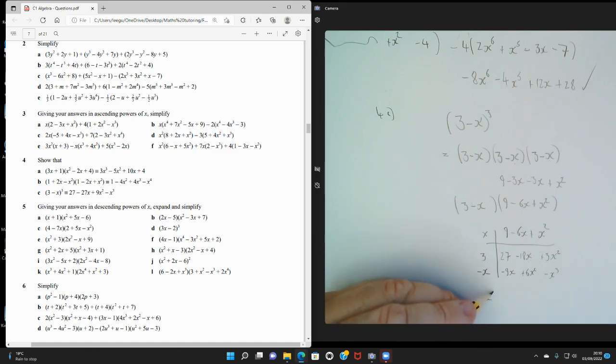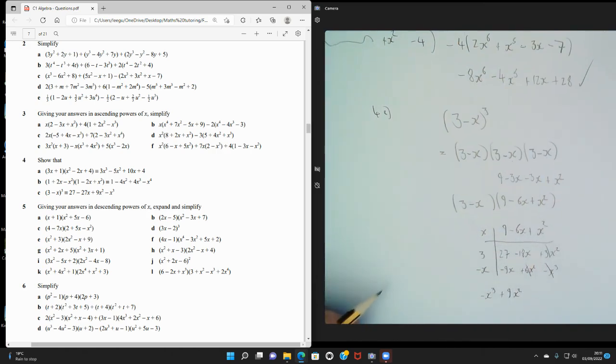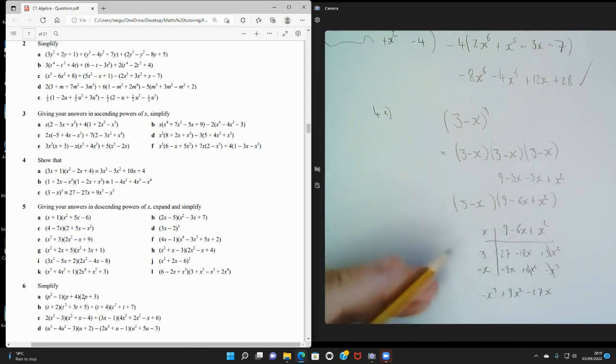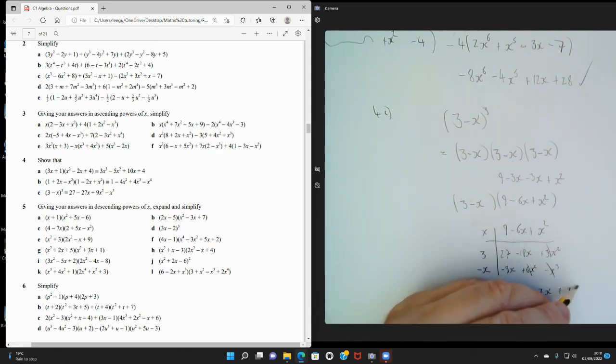So that's that one dealt with, and then we've got plus 9x squared, 3 and 6, and then we've got minus 18, and we have got minus 9, so that is going to go to minus 27x, and then finally we've got plus 27. Okay, so we get minus x cubed plus 9x squared minus 27x plus 27.